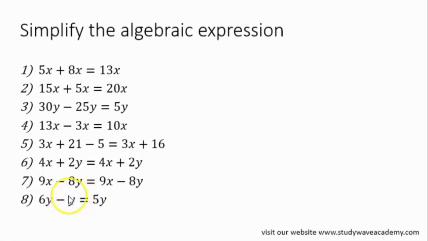So 6y minus 1y is equal to 5y. I hope we understood how to simplify our algebraic expression.